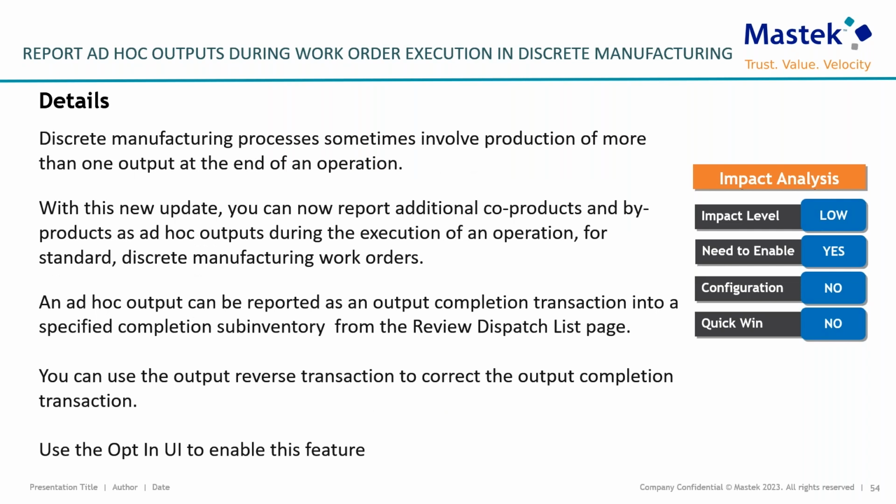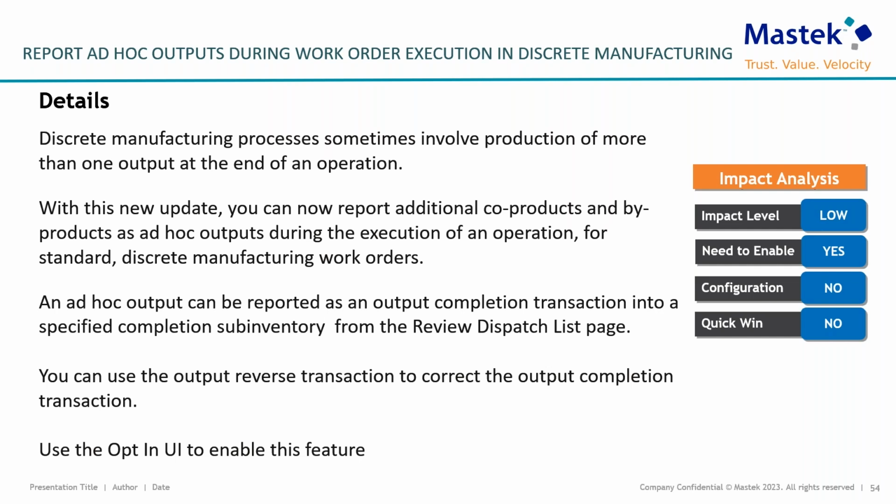Now, moving to the next one, which is report ad hoc outputs during order execution in discrete manufacturing. Discrete manufacturing processes sometimes involve the production of more than one output at the end of the operation.